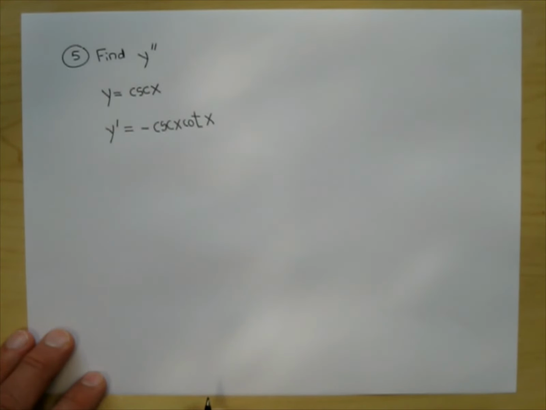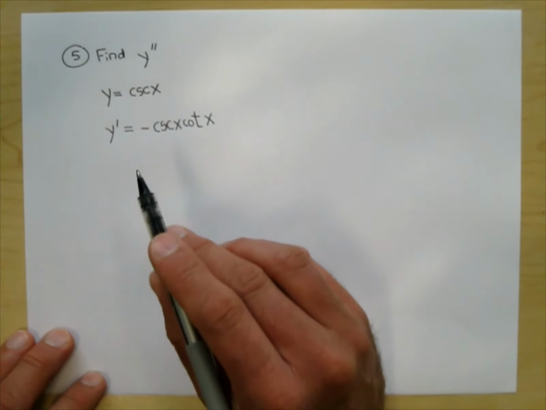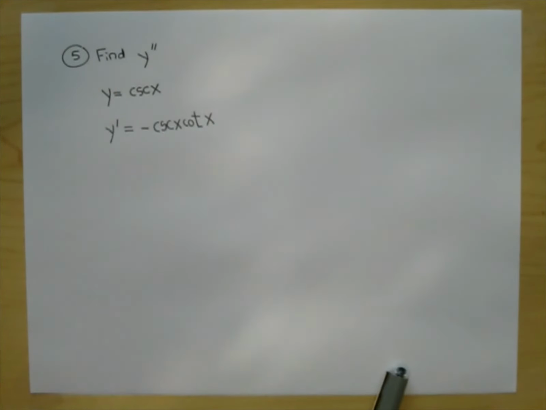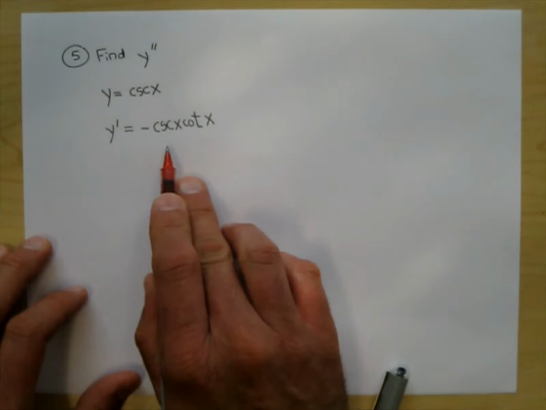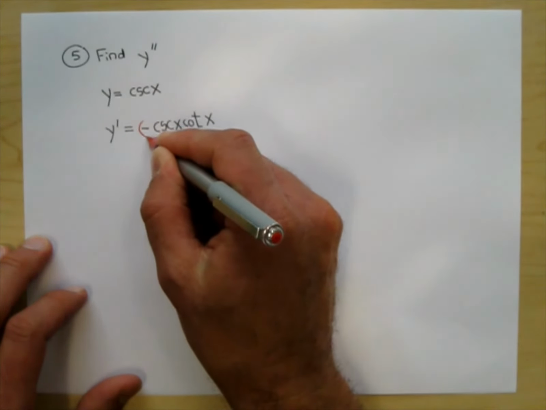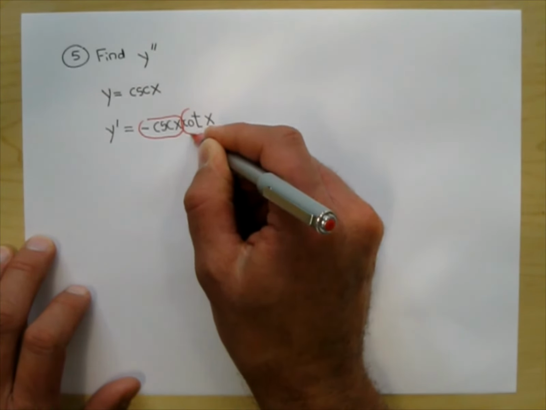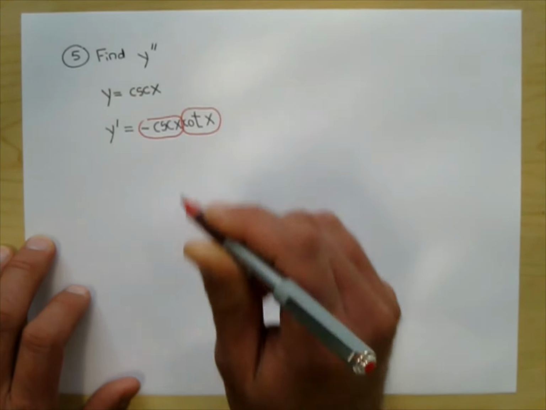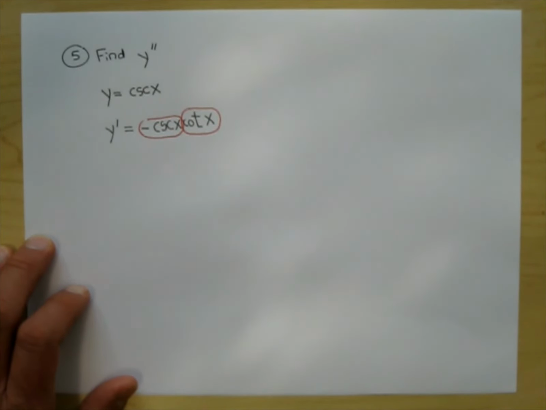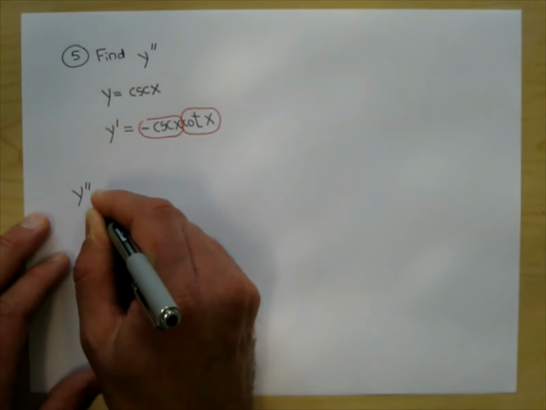Okay, so there's the first derivative. They ask us to find the second derivative. So that is what we're going to do. To find the second derivative, it looks like we have a product here. So perhaps we should do the product rule.